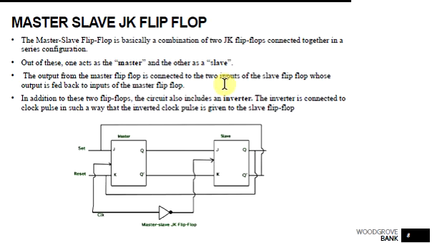So basically this is an RS flip-flop with feedback, and there are two flip-flops connected in series, and the clock pulse to the first one is this one, which is inverted and given to the slave. So there is an inverter here.